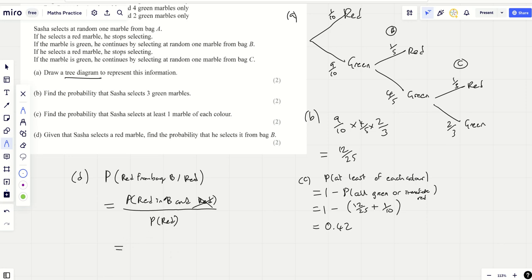Now the probability that there's red in bag B is 9/10 times 1/5. And the probability that it is red is, well, we could have 1/10, or we could have 9/10 times 1/5, or we could have 9/10 times 4/5 times 1/3. And that gives us our final answer, and it comes to 9 out of 26.